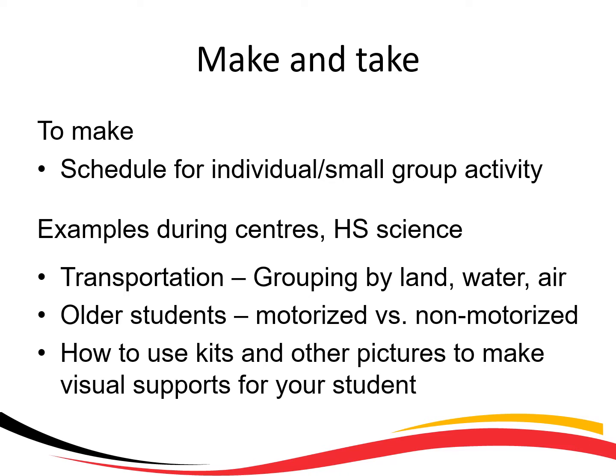Students can group the transportation by land, water, and air, the different vehicles. Older students can categorize and discuss motorized versus non-motorized vehicles, and how to use kits and other pictures to make visual supports for your student.